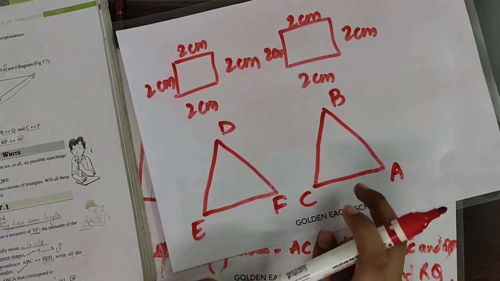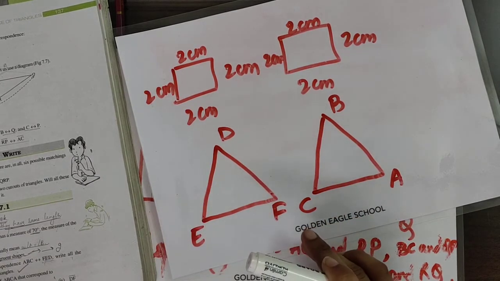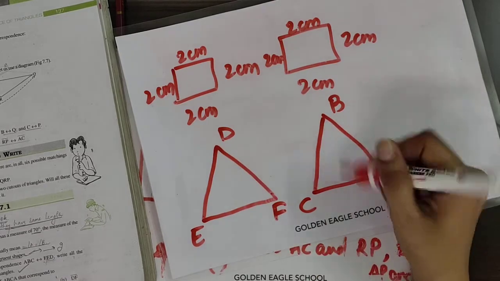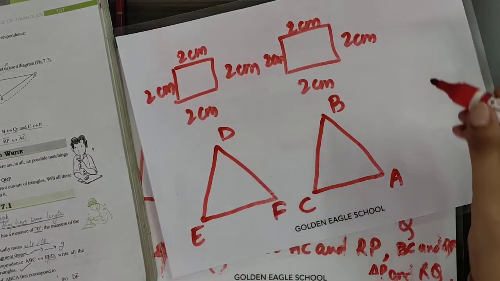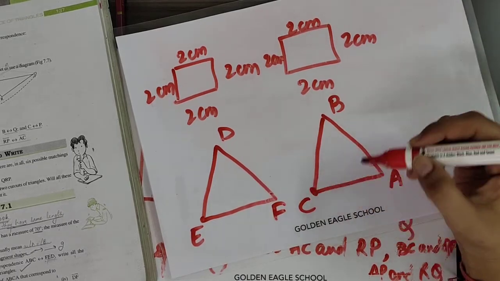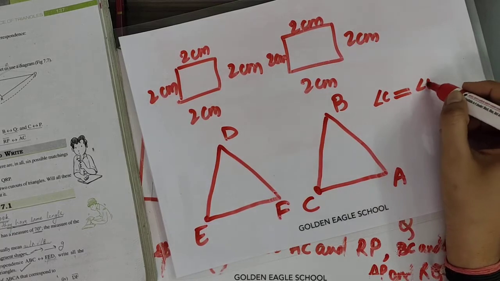Now we have to tell the parts of BCA that correspond to angle E. Angle C corresponds to angle E.